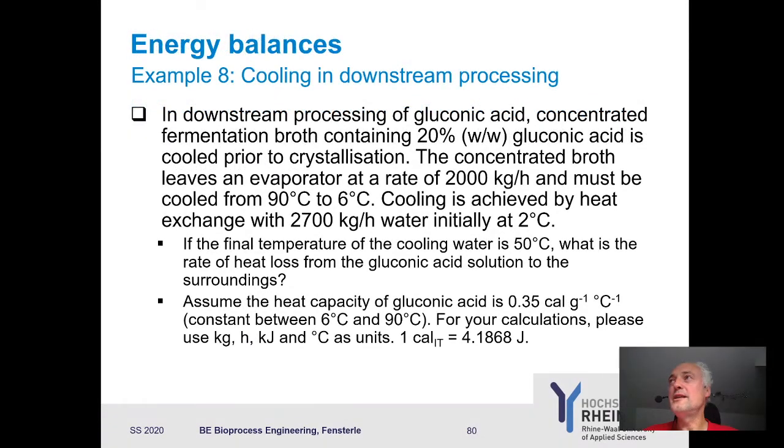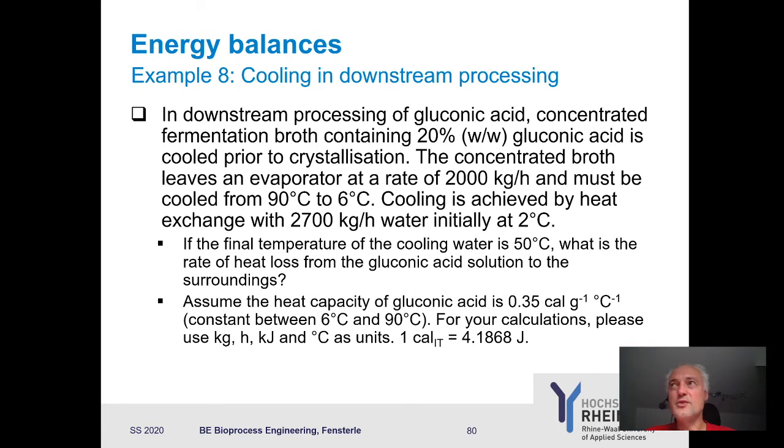Just as a reminder, we had this downstream process of gluconic acid, and at the end we had a cooling with chilled water. We had a broth of gluconic acid and water, and we wanted to calculate the heat loss to the surrounding.